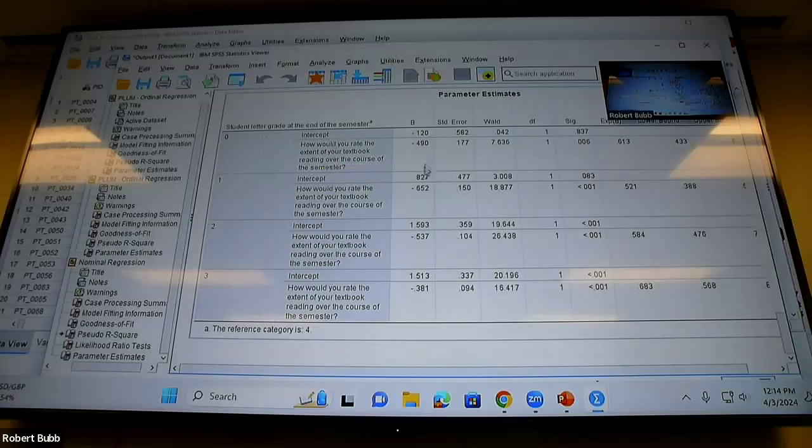In fact, you can see that the coefficients tend to get larger or more extreme as you go down letter grades, which makes sense, since reading quality would have a tougher time distinguishing between A and B than between A and, let's say, D. What is interesting is that when you get to A and F, it actually doesn't distinguish as well as, let's say, A and C and A and D. I'm looking at the significance. Your coefficient is related, again, to your standard error, but also to your significance.